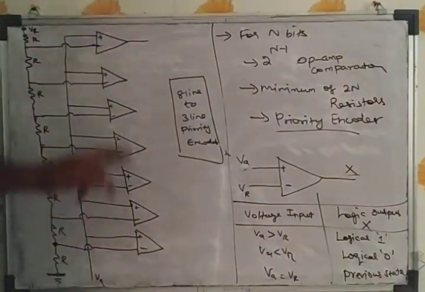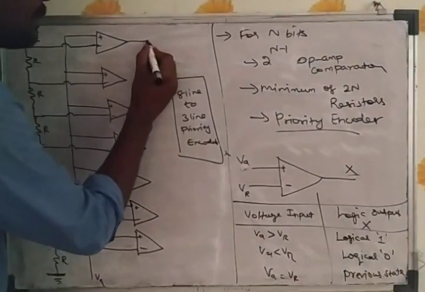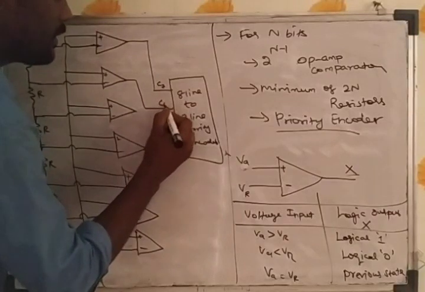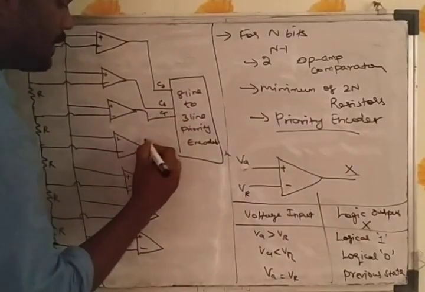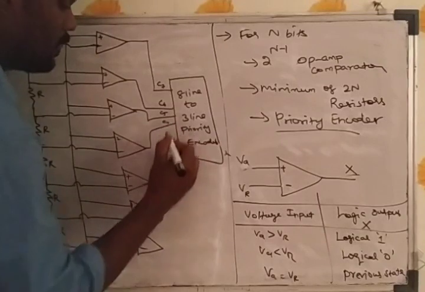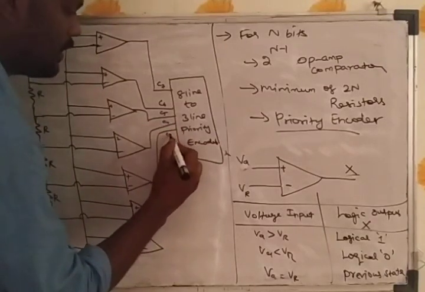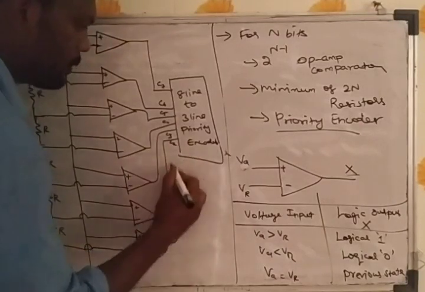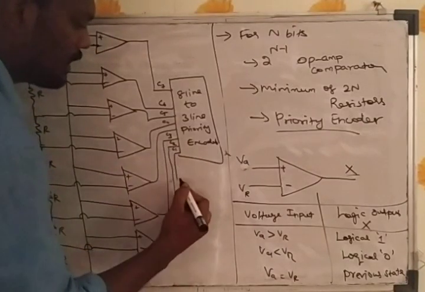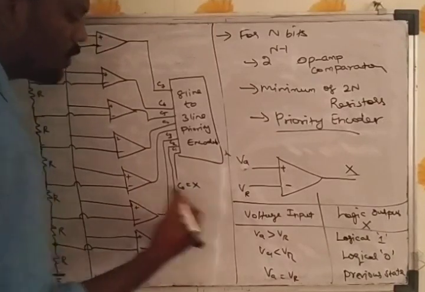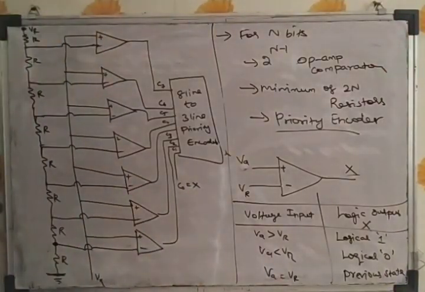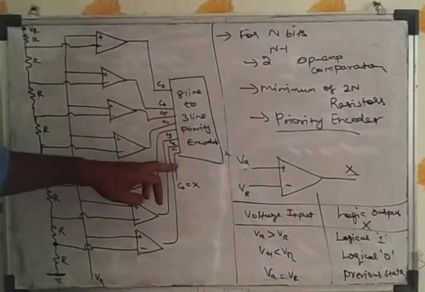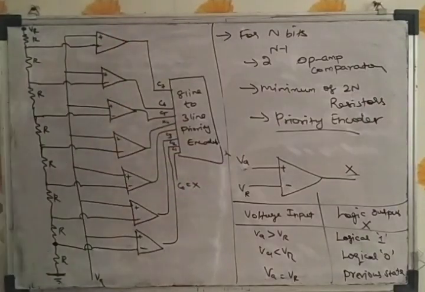We have only 7 inputs, which I am taking as C7, C6, C5, C4, C3, C2, C1, and we are assuming C0 as a don't care condition.